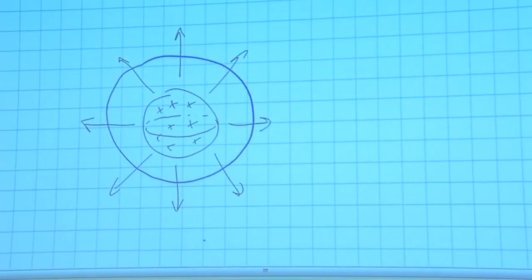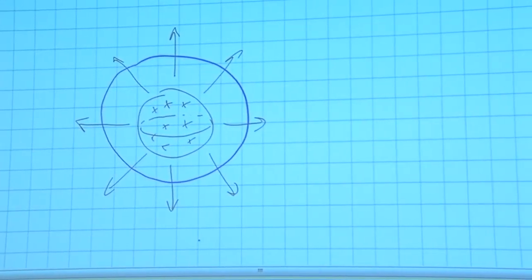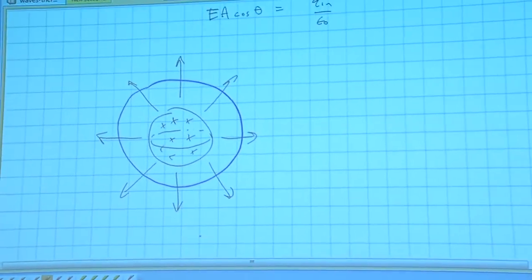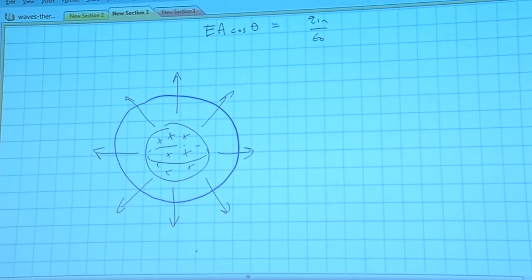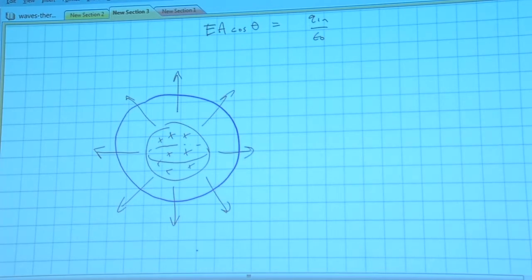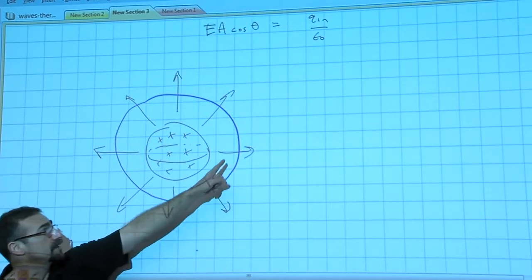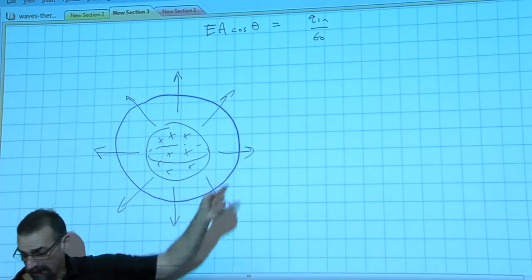So we know from spherical symmetry with charge distributions that the electric field is a function of r, right? It drops off as 1 over r squared. So at a given radius, the electric field is going to be constant. So we'll draw a sphere around our spherical charge distribution. You understand the point here. We're trying to find the electric field at some location, maybe right here.